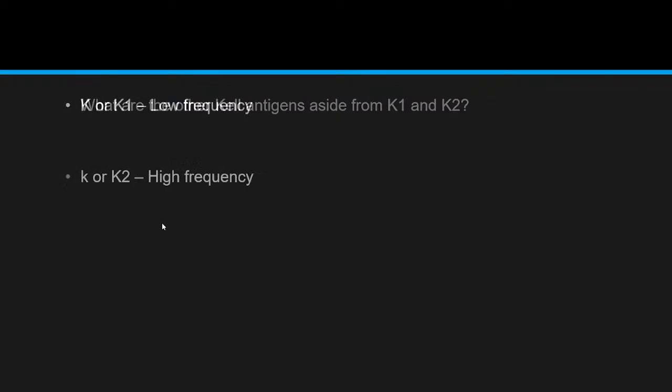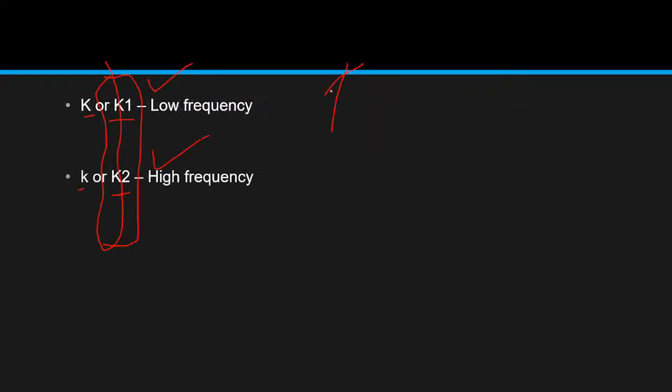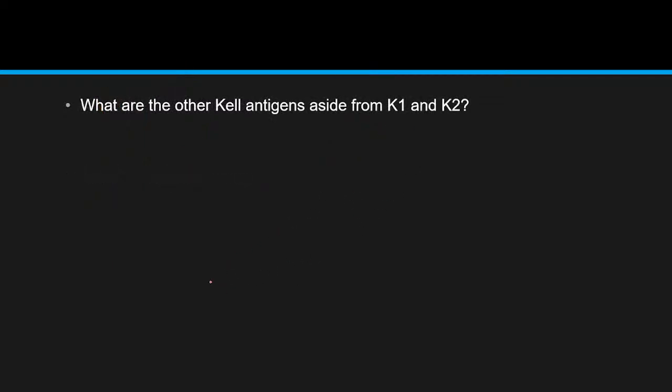So how do we remember? Basically, when you write the K in the alphabet, the first one that you write is the big one, and the second one is the small one. So it's easy to remember. What are the other Kell antigens aside from K1 and K2? We have a lot of them actually.